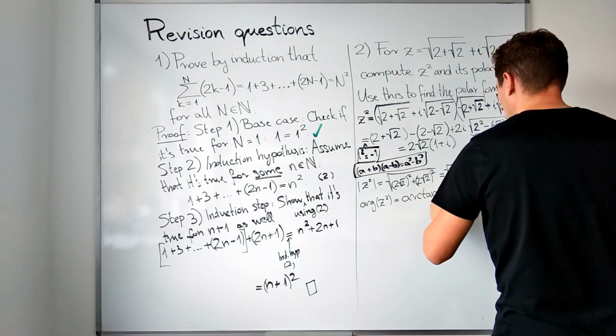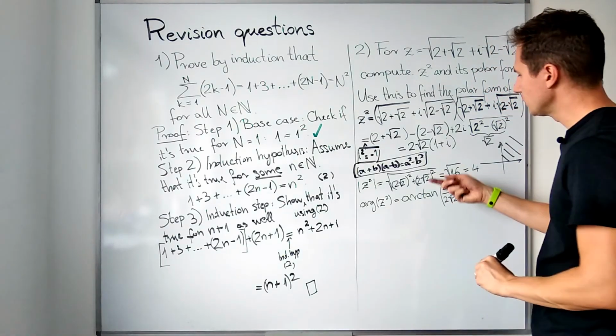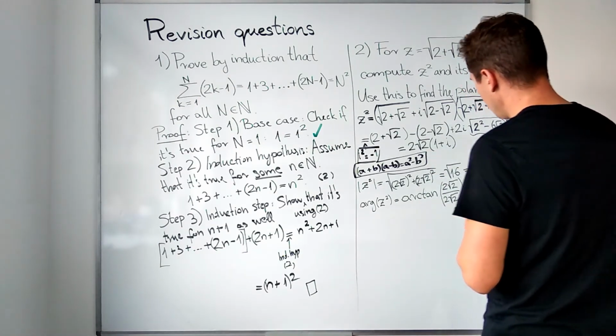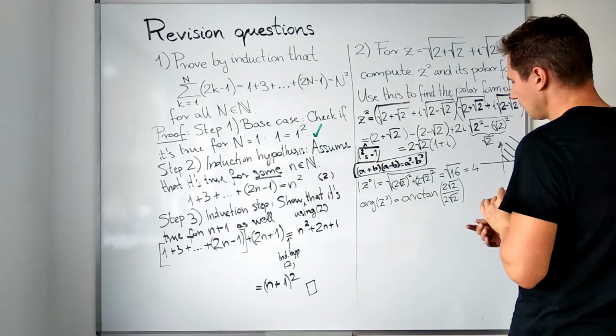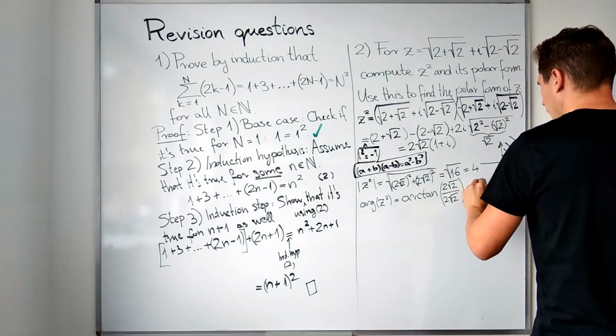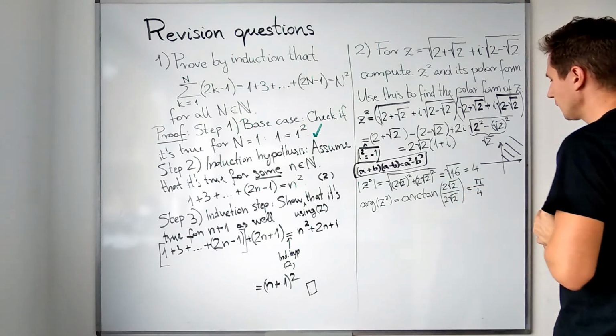But that is, of course, equal to 1, because the real and imaginary parts coincide. So that is the arctangent of 1, which is pi over 4 radians, or 45 degrees.